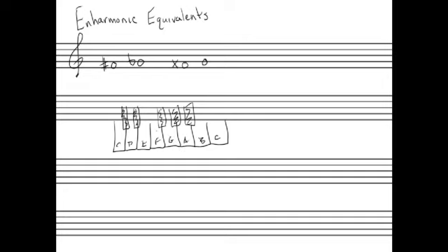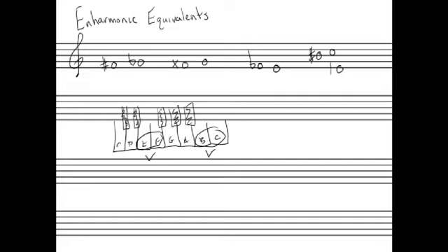Now the funny notes that you're going to have are going to be E and F and B and C. Why? It's because those notes, E and F and B and C, are already half steps. So enharmonic equivalents, if you have an F flat, that is the same note as E. If you have a B sharp, that is the same note as a C. The opposite works as well.